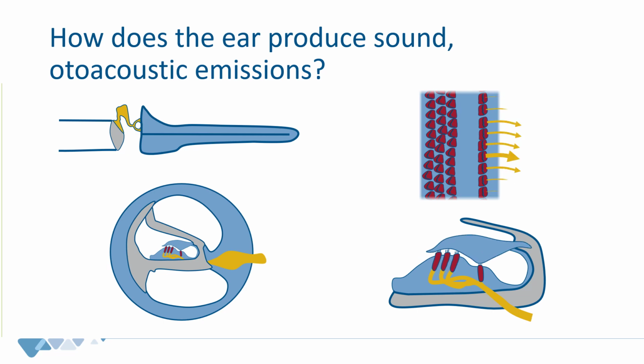Although they are incredibly soft and usually not audible, with a sensitive microphone, you can pick them up. And that is what we can make use of. So that is how the ear produces sound, and the sound that is produced by the ear we call an otoacoustic emission.